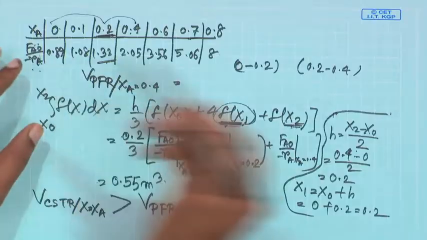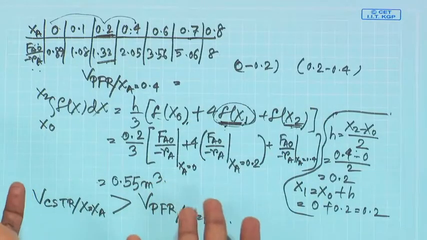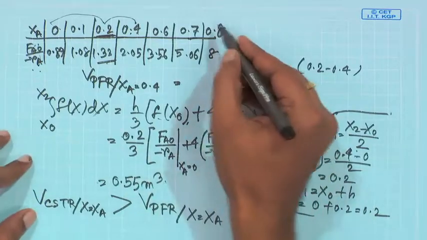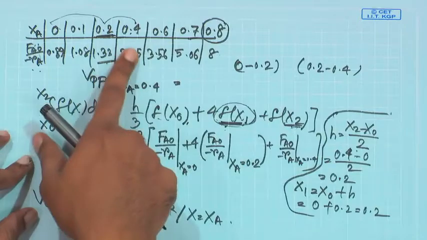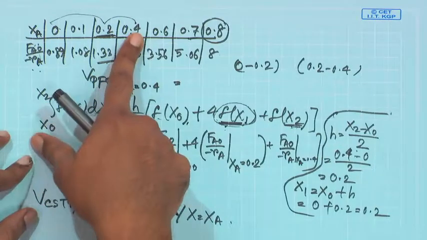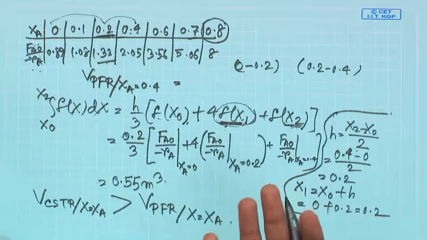Now, say for example, if I ask you, if you are using two PFRs, two plug flow reactors in series, and you are trying to achieve 80% conversion, and the outlet from the first plug flow reactor is giving you 40% conversion, then what is the volume of the two plug flow reactors?